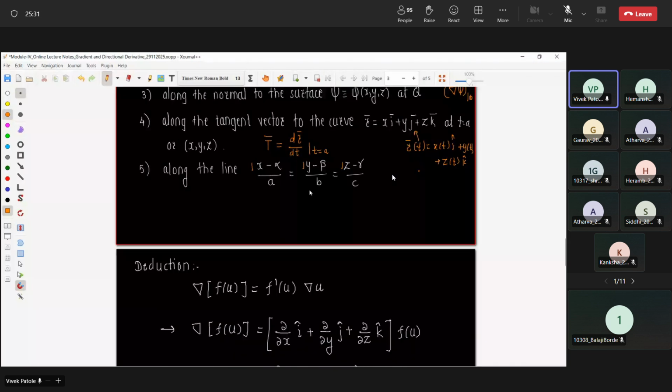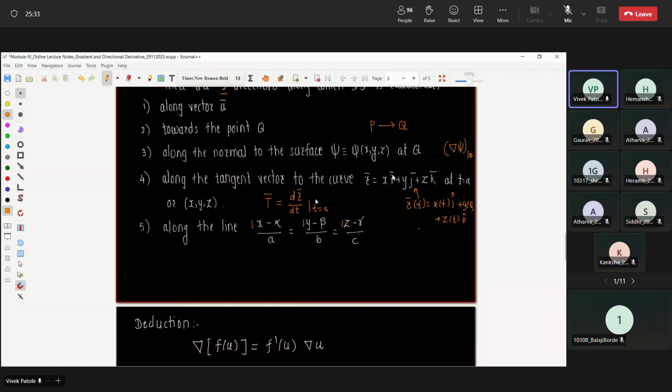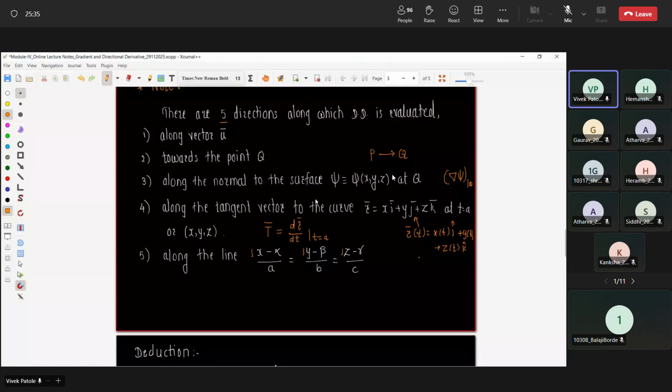While solving examples, you will come to know. Here I am just discussing that in the problem we are going to consider these five directions. If any additional direction will be there, I will let you know later on, but right now there are only these five directions which we are going to consider.